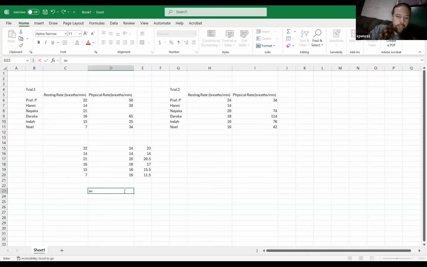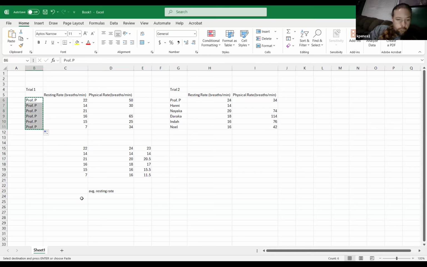So this is our average breathing rate, our average resting rate.